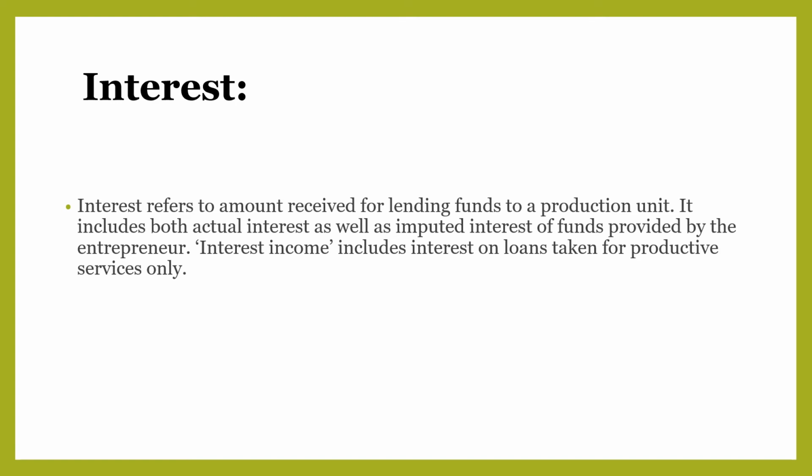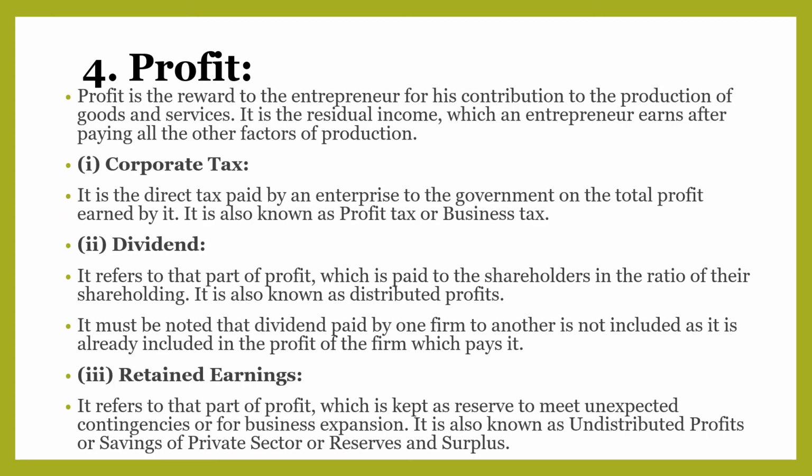If you have your own funds and you use them for your own business, the interest on it is imputed; if you were not using it for your business, you would deposit it into the bank, and the interest income you would earn from that is also included in national income.